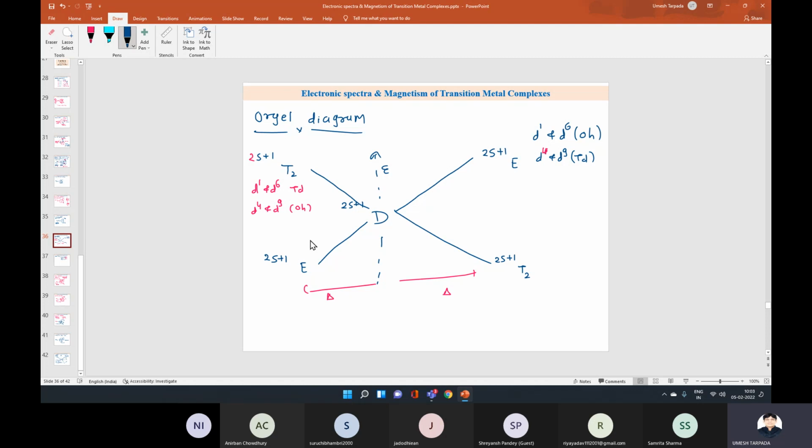And in some of the cases where there is an exception, we will also see how the water ligand can play a role, what the intensity of transitions is, what the disorder is, how to get 10 dq from the Orgel diagram, how to get the B value, that is the repulsion factor B. All these calculations are possible from the Orgel diagram.